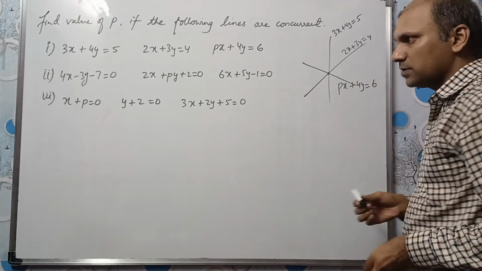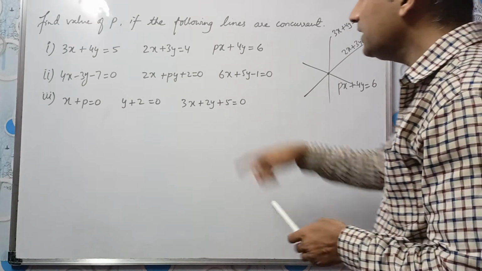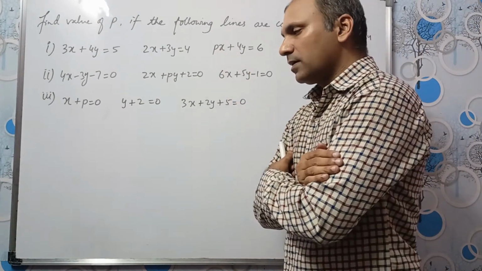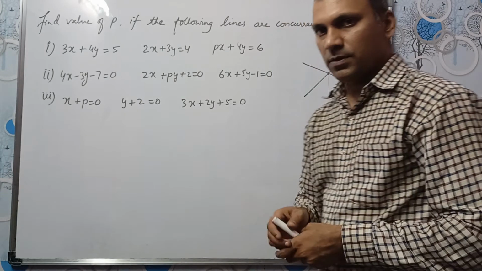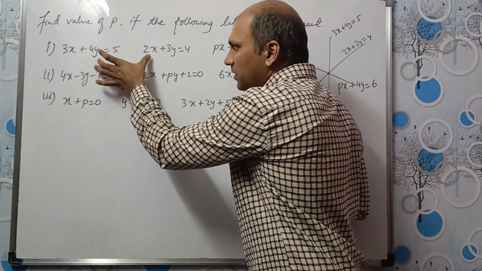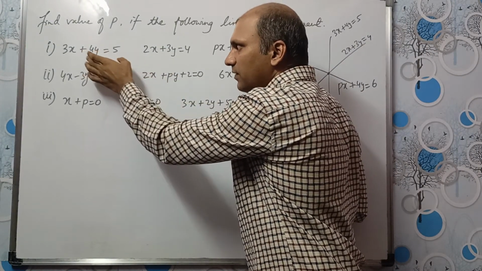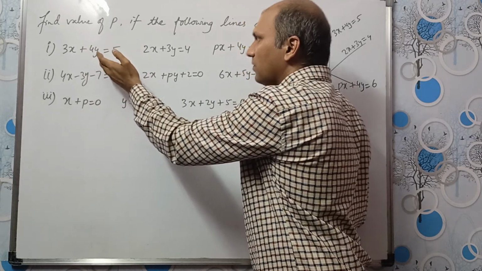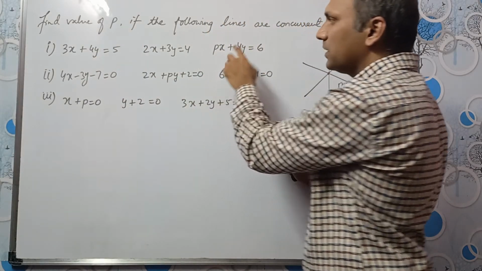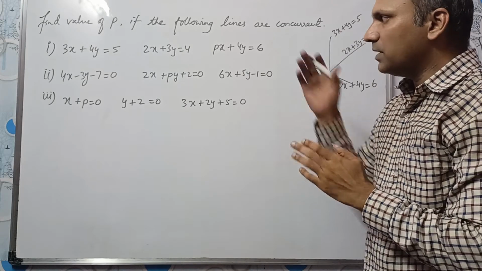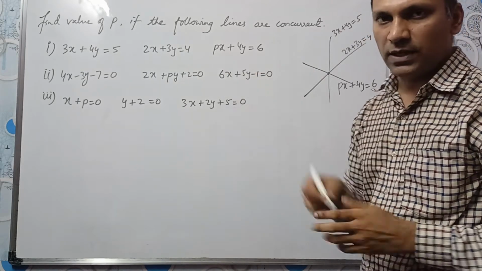These are the equations of 3 straight lines given. We need to find the value of p. Like in the previous problem, we need to simplify two of these and we'll get the value of x and y. That value of x and y, if we substitute it in the third equation, it should satisfy. So that will be our approach. We'll find the value of p.